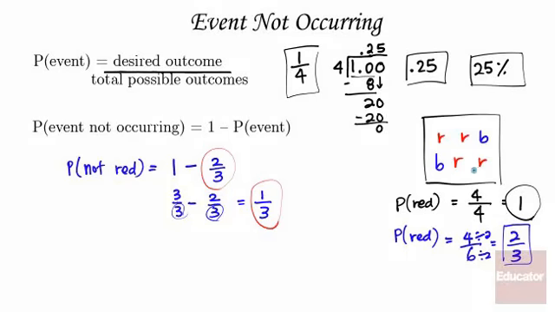It's either going to be red or it's not red. It's one of those two. So, this is the probability of picking a red. This is the probability of picking one that's not red. Together, they make up the whole thing because it's going to be one or the other. And the whole thing is just 1. So the probability of this not occurring is 1/3.